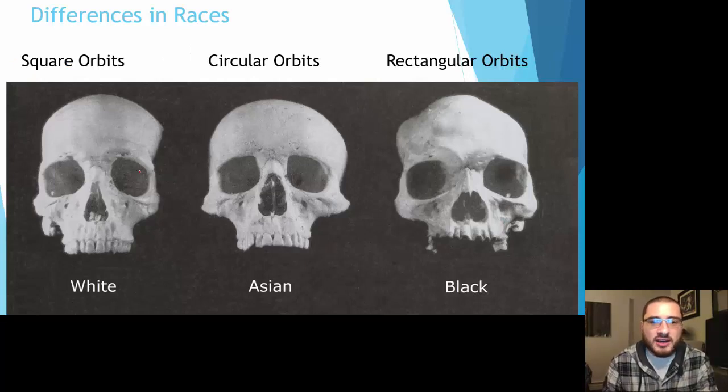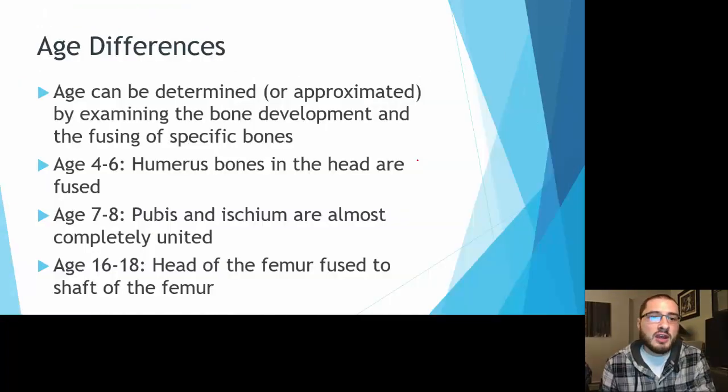So here you see, not something that's easy to really tell. I wouldn't be able to really look at a skull and immediately pick up on it, but a forensic anthropologist is going to be good at determining, hey, this looks rather square shaped, this is more of a circular shape, and this is more of a rectangular shape to it.